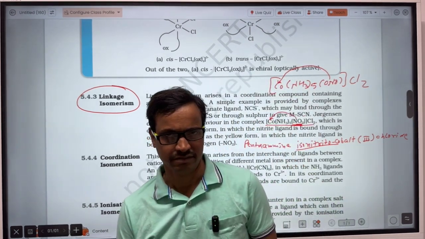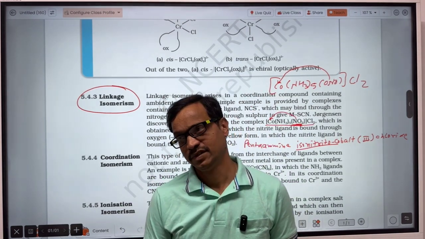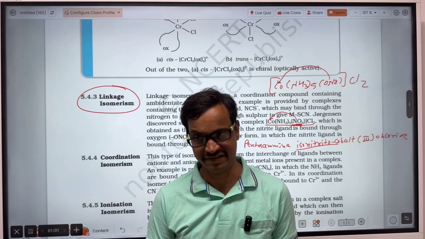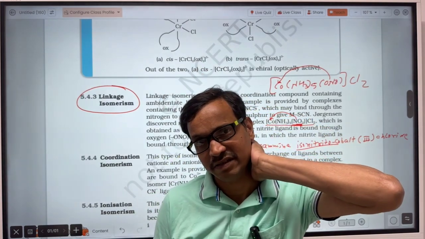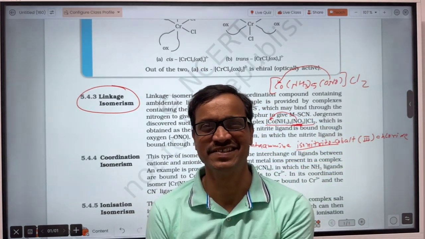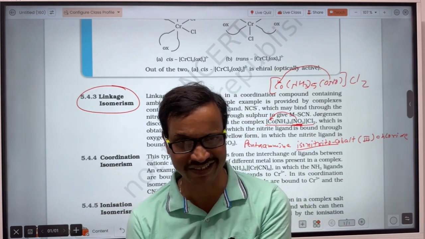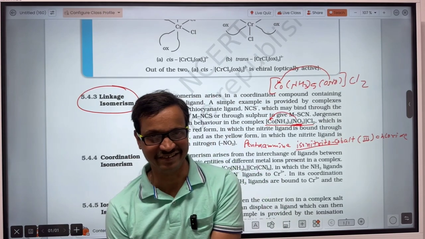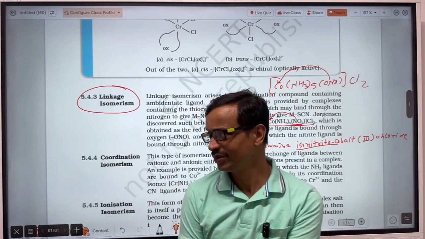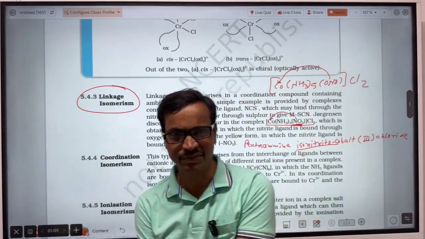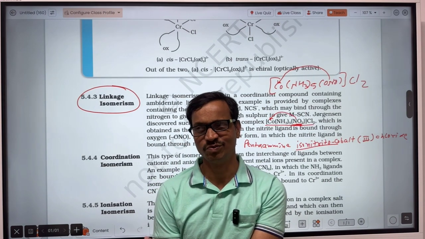That means linkage isomerism will be shown by those coordination compounds which contain an ambidentate ligand. In the 12th board examination, it may not ask you to define linkage isomerism. But in the 12th board examination as well as in NEET, and less chances in JEE Main, its probability of being asked cannot be said to be nil, and there is a high probability of the question in CUET also, where compounds will be given and it will ask which among these compounds could show linkage isomerism.